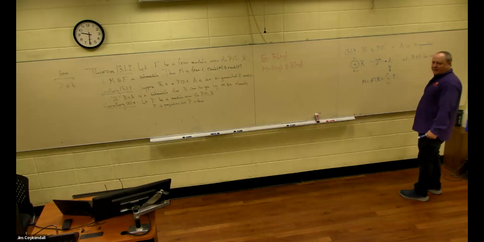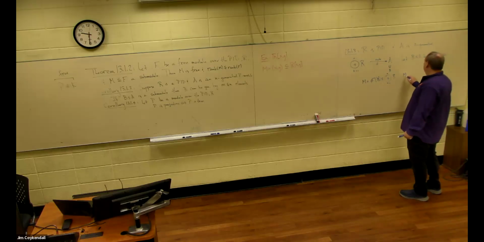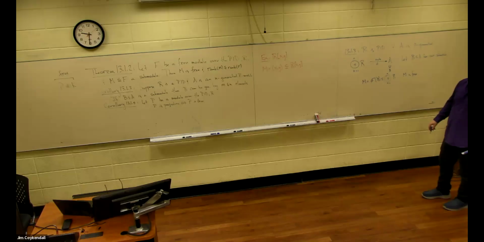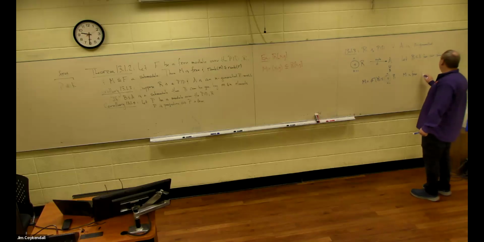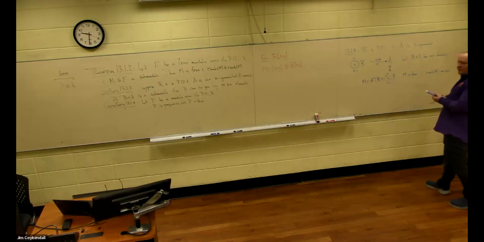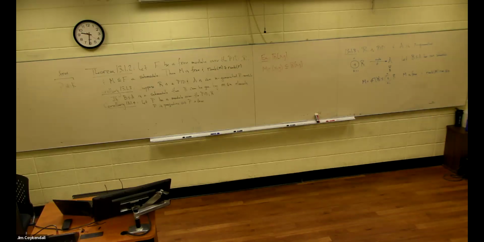What do we know about M? M is now free, because now we can apply the theorem, because we live inside a free module. And rank M, which is little m, is less than or equal to n, again by theorem 3.1.2.